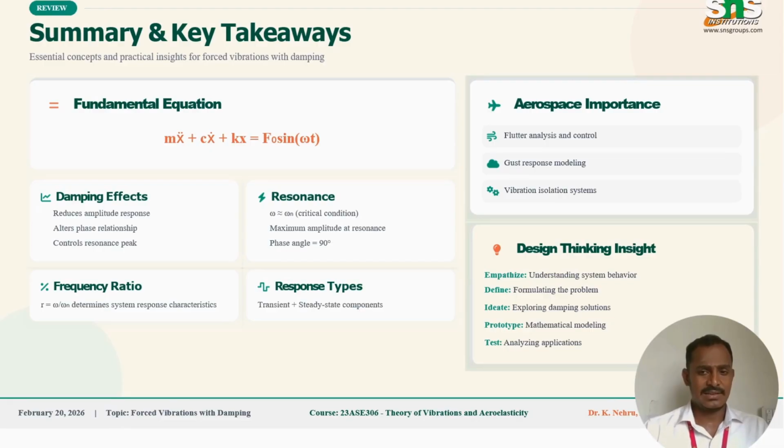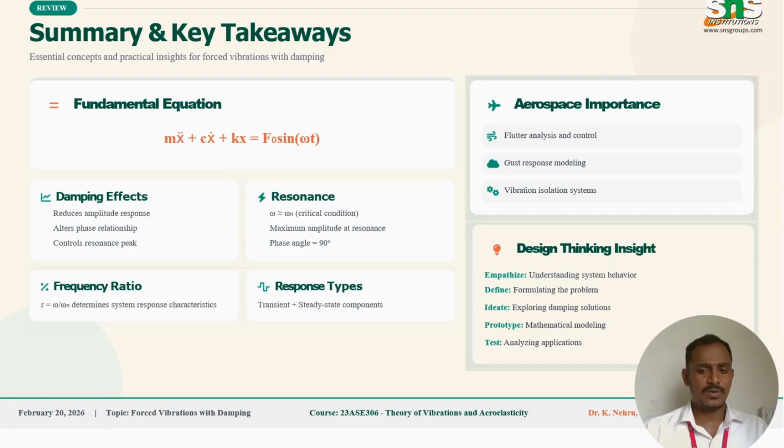Coming to the summarization: forced vibration occurs due to external excitation. Damping controls the amplitudes and system stability. Resonance is the critical condition to avoid. Engineers use mathematical modeling so that the design can be safer and operate more efficiently.